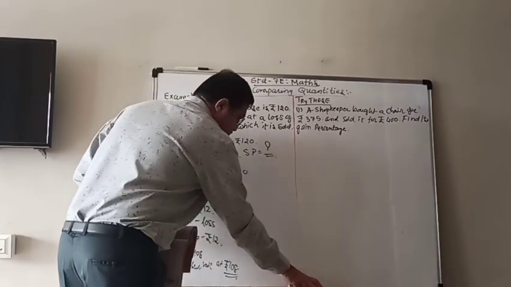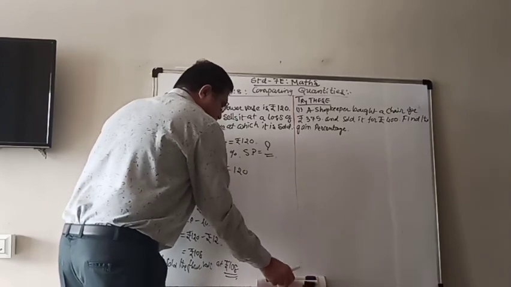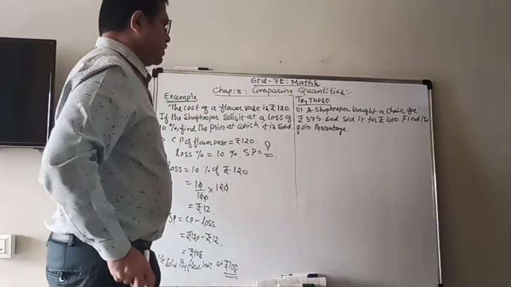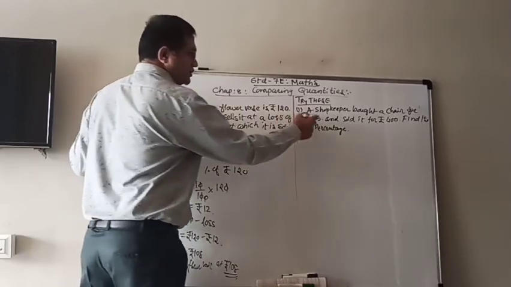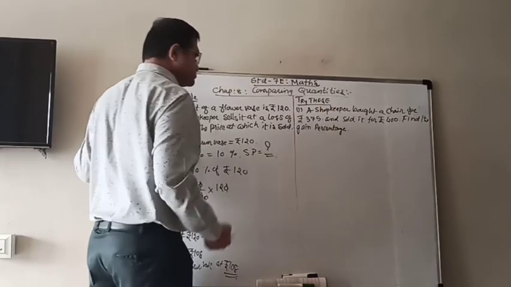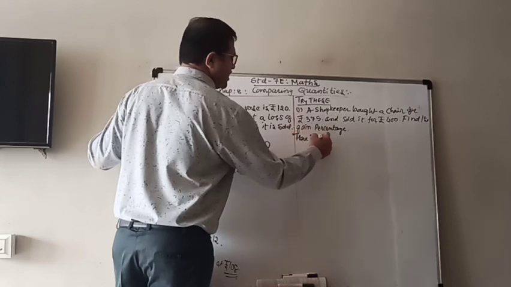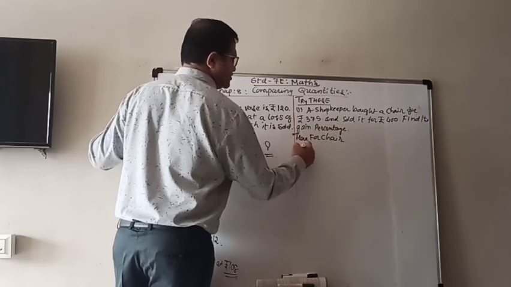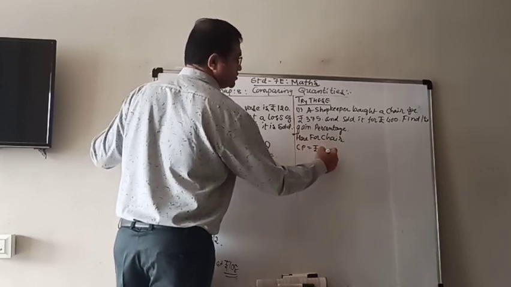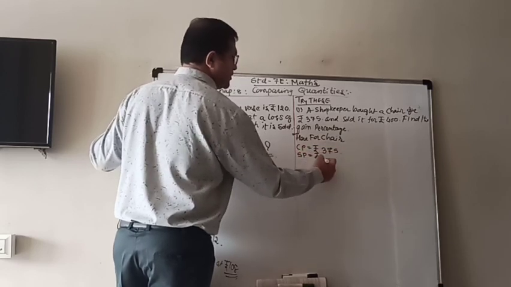So now here, read carefully what is given and what is to be found, then you will be able to understand. Here he bought it for 375, meaning it is CP, and sold it, meaning SP is also given. So for the chair, CP is equal to rupees 375, and SP is also given, rupees 400.